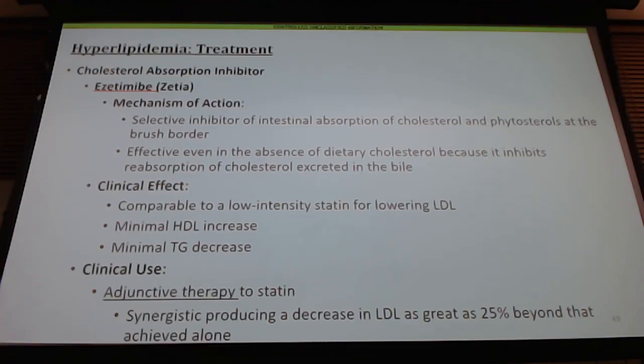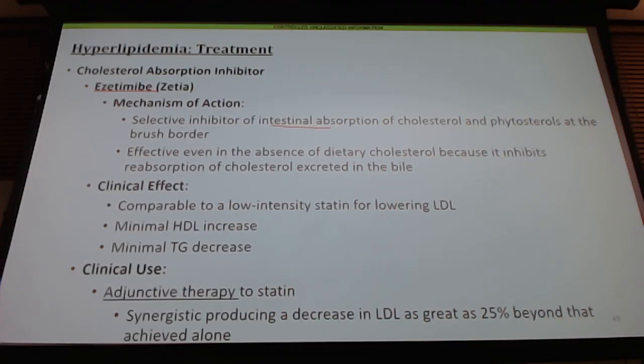They work by actually blocking the absorption of cholesterol in the intestines. So you may eat that cholesterol, but you're just going to be less likely to absorb it. So that will decrease the amount of circulating LDL in your blood.